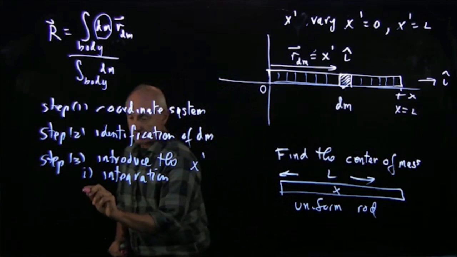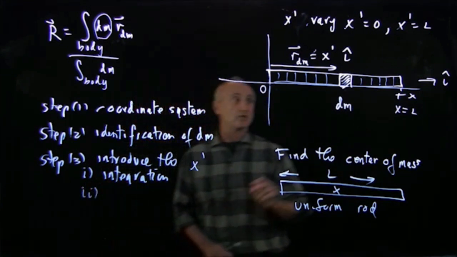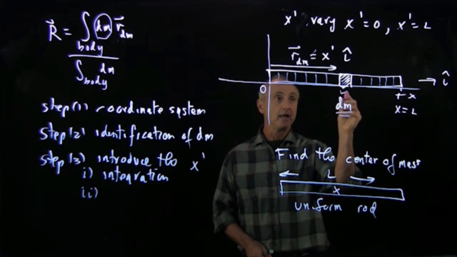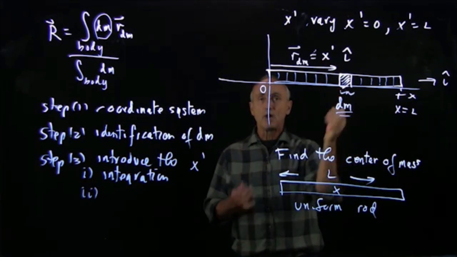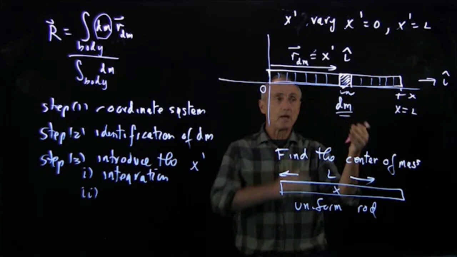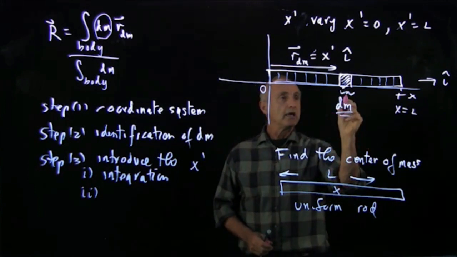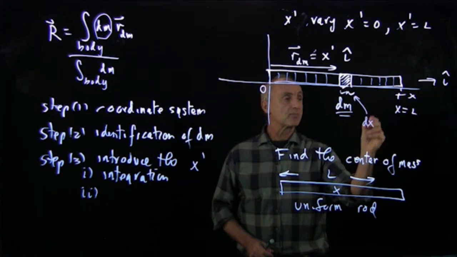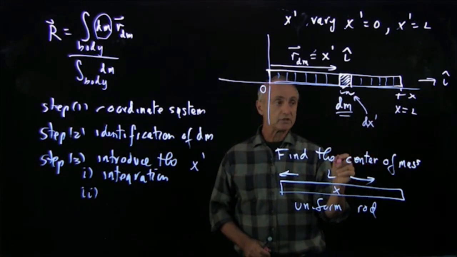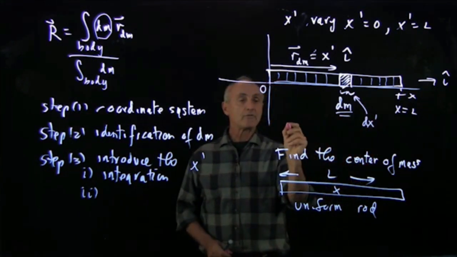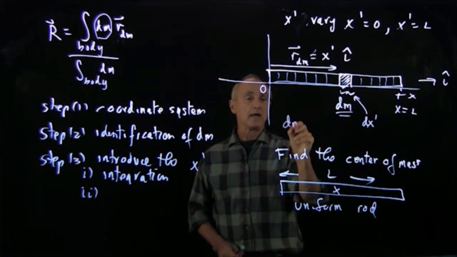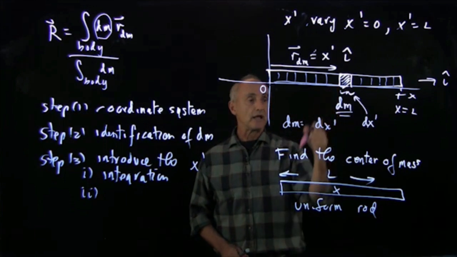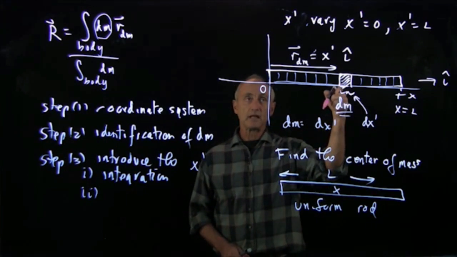Now, the second place that the integration variable comes in is dm. I want to express dm in terms of x prime, which is a measure of where this object is. And that's how, if we choose this length here to be dx prime, notice in terms of the integration variable, then I have a relationship between dm and dx prime. dm is the mass in this little element. dx prime is the length of the element.